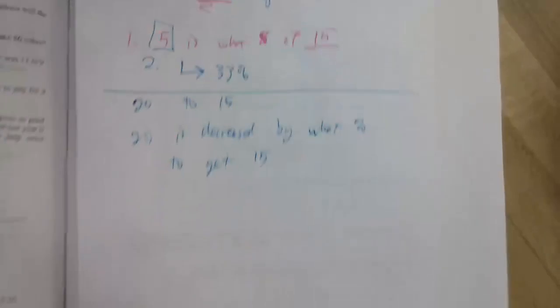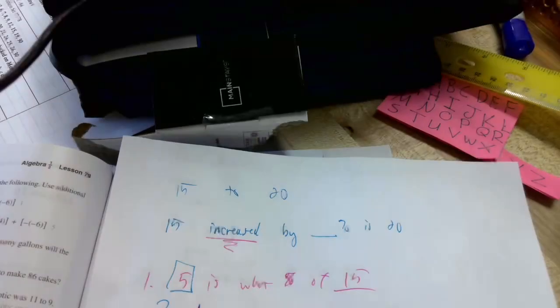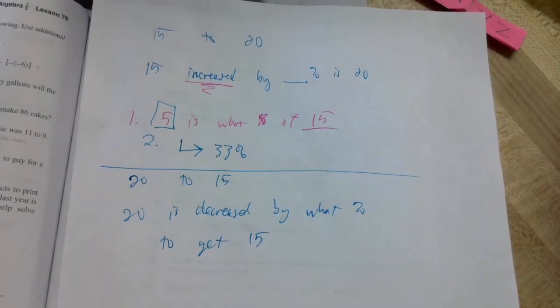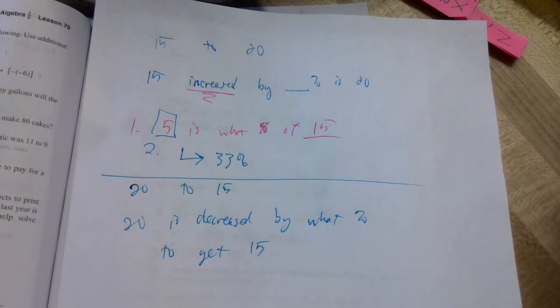Is that automatically the same? Or is something going on here? We're dealing with the opposite operation. It is the opposite order. I'm going from 20 to 15 now, and I'm saying 20 is decreased by what percent to get 15? So instead of addition and multiplication, you're doing subtraction and division. Tell me how to do it.